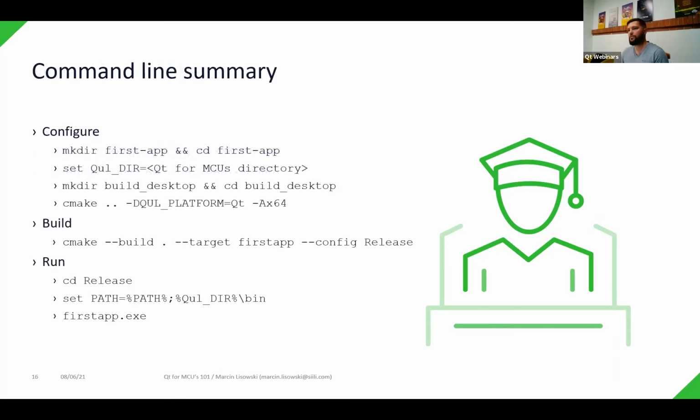And this is the summary of the things we just did. So to configure your project, you have to create a specific application directory. You have to, of course, create the files and so on. You have to provide environment setup, so you have to define the QDIR directory that will point to your Qt for MCUs installation.